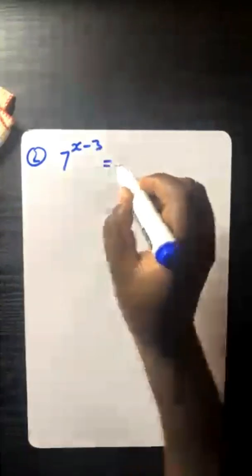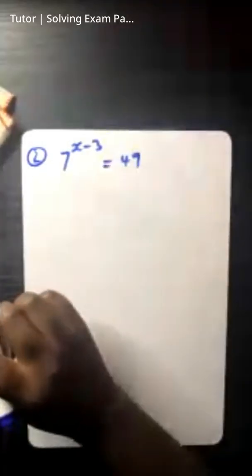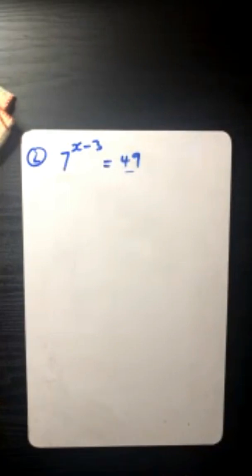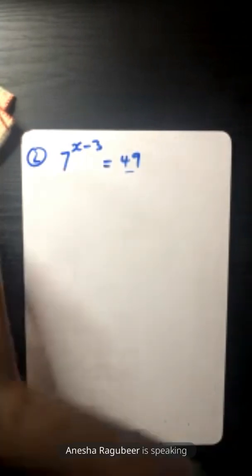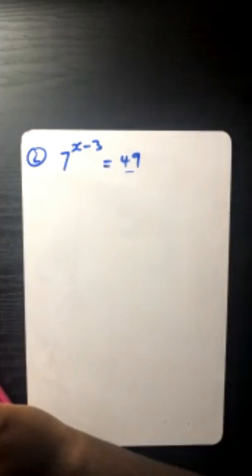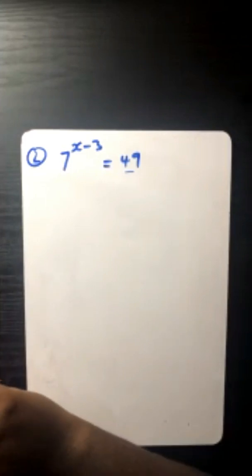So let's see. The next question is we've got 7 to the exponent x minus 3, which is equal to 49. Shreyas, how else can we write 49 with its lowest base? So you can say 7 to the exponent 2.